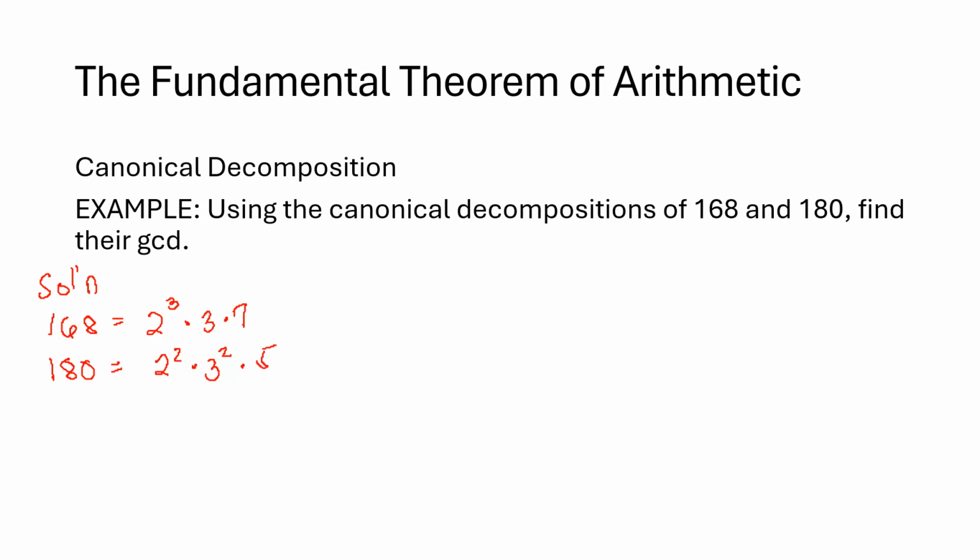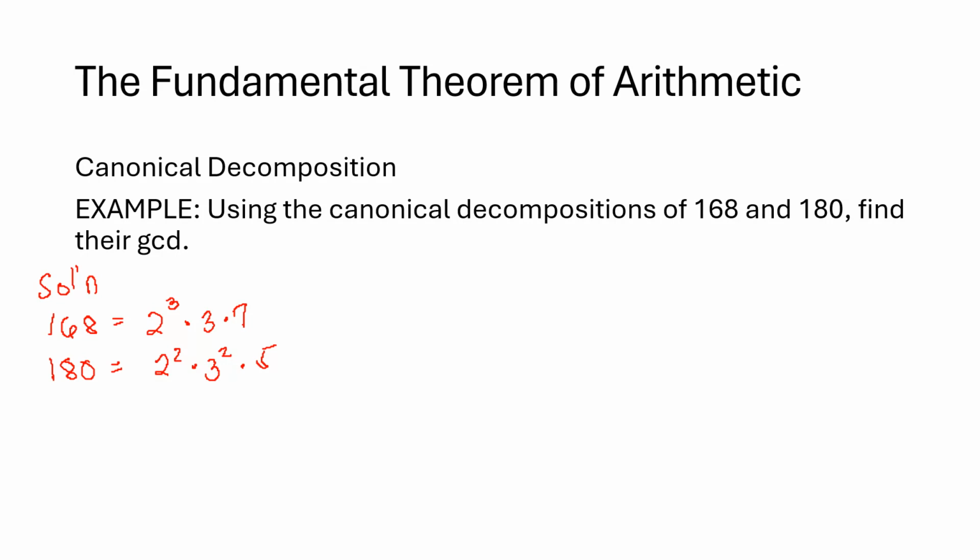Okay, so the only common prime factors are 2 and 3. So 5 or 7 cannot appear in their GCD. Since 2 appears thrice in the canonical decomposition of 168, but only twice in the canonical decomposition of 180, 2 squared is the factor in the GCD. Okay.